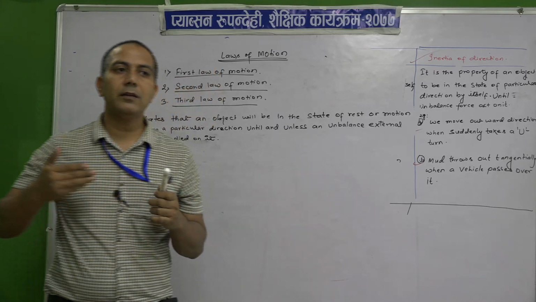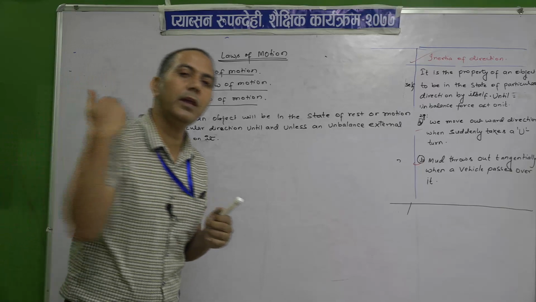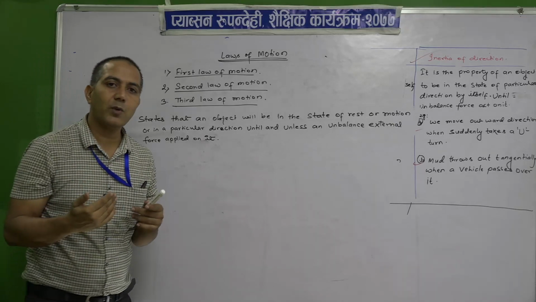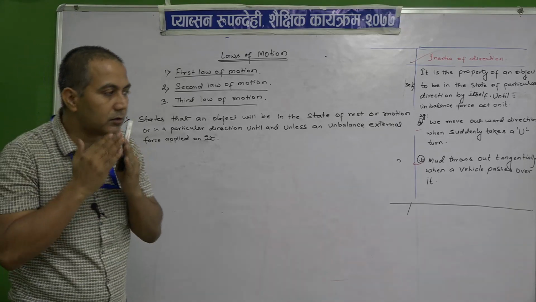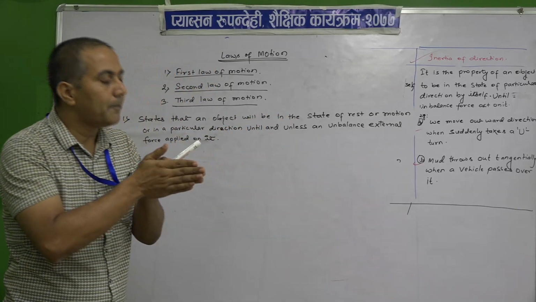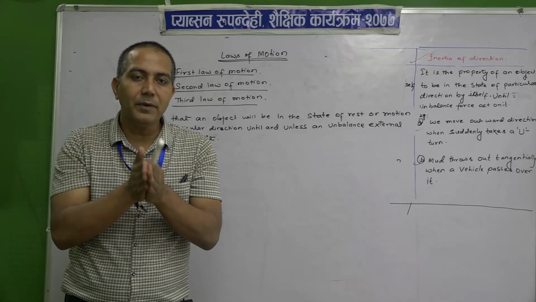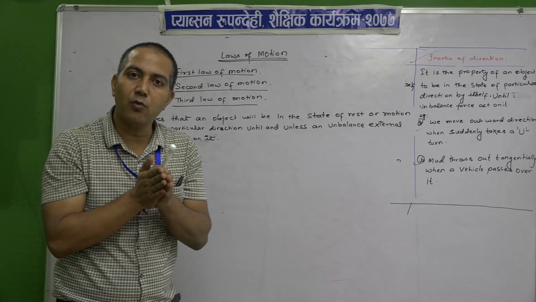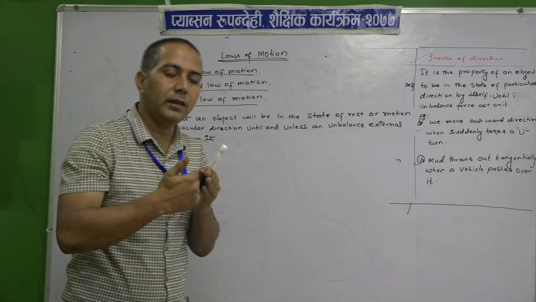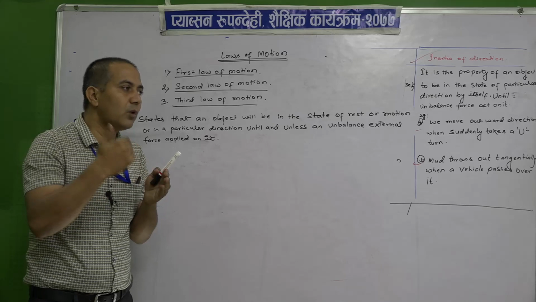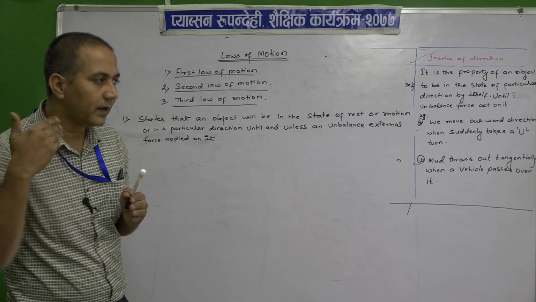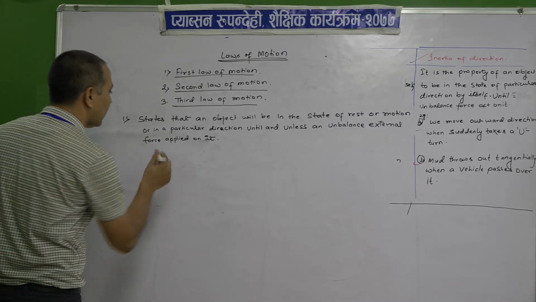So that the body is in motion and they can jump farther. Also, when a soldier is running at full speed and is told to stop immediately, they cannot and will fall down. Because the body is in motion, and when they try to come to rest suddenly, the unbalanced force makes them fall. It is due to the first law of motion, or law of inertia. I think you are clear on that.